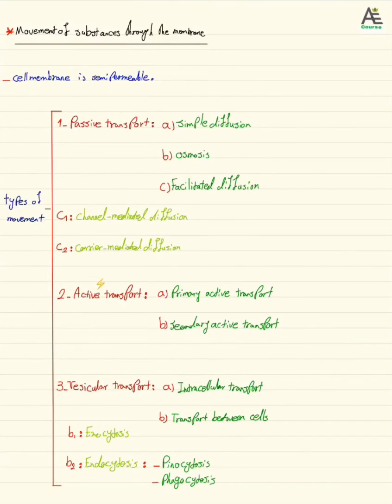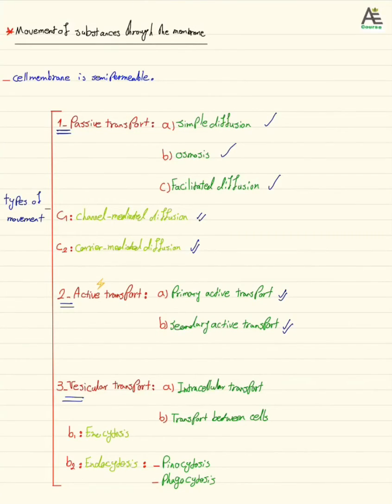So there are certain types of movement through the cell membrane. First, passive transport, then active transport, and vesicular transport. Passive transport can be simple diffusion, osmosis, or facilitated diffusion, which can be channel-mediated diffusion or carrier-mediated diffusion. Active transport can be primary active transport or secondary active transport.